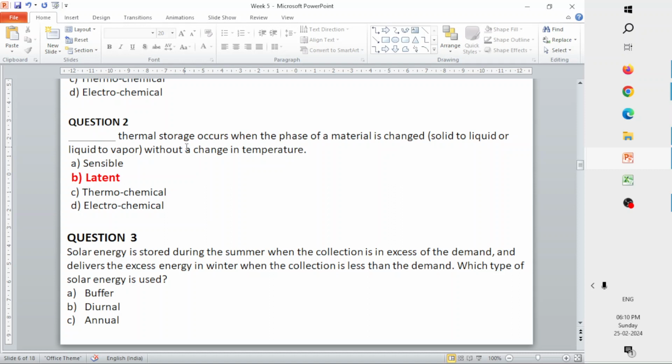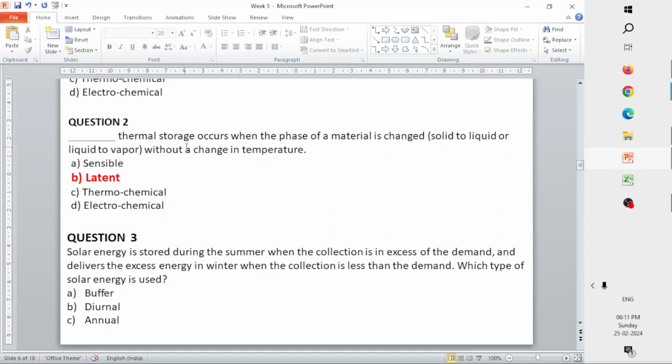Buffer storage, what it actually means is that both the energy requirement, that is how much energy you require, and how much energy you are going to collect, are the same throughout the day. So there is nothing produced in excess or needed in excess.